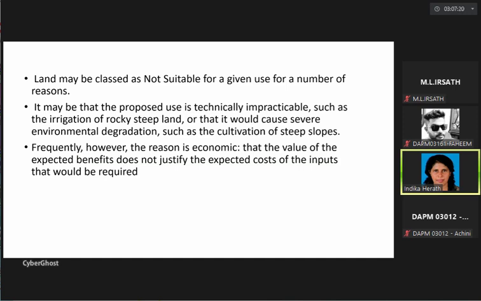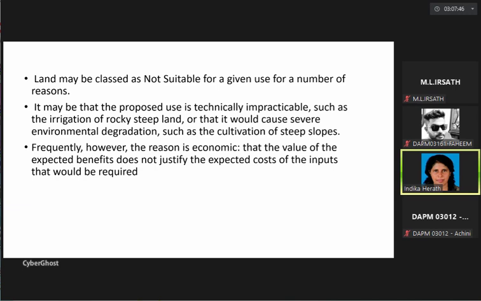If a land is classified as not suitable, there can be a reason for it. Generally, not suitable is given if, for example, you have a huge rocky, steep land.